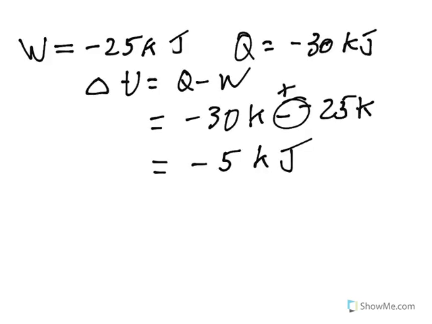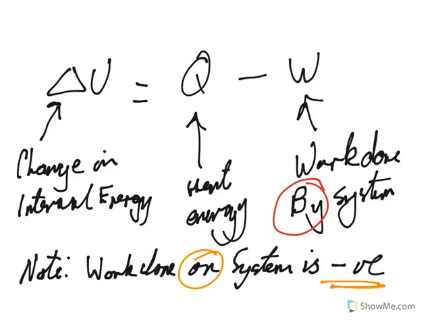Example number 2 says a student places a heating element and a paddle wheel in an insulated container. She calculates that the water has 2,530 joules of thermal energy, and the paddle wheel does work on the system. And remember again, work on the system is negative.